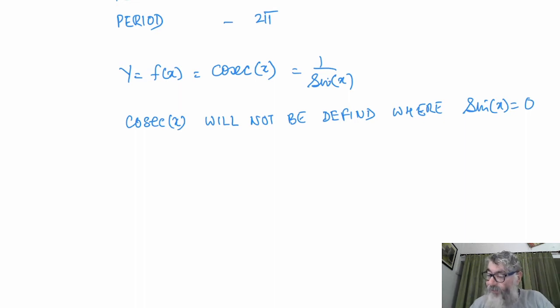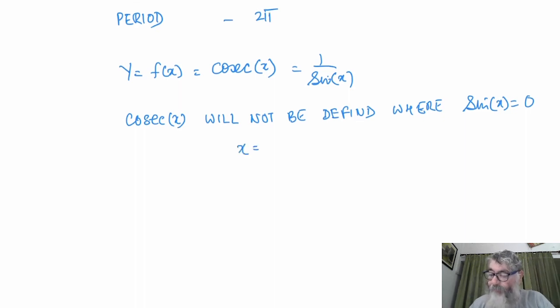And sin x is 0 when x is equal to n pi. When x is n pi, then it is 0. So it is not defined at n pi, where n is an integer, not just even multiples. It is not defined at pi.